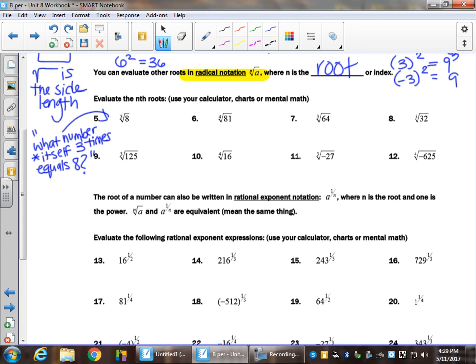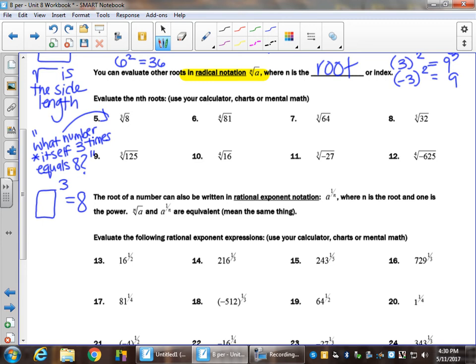That's really what that means. When you're asked to evaluate the third root of 8, what number times itself 3 times equals 8? In other words, what number, like if I drew an empty little box, to the third equals 8?